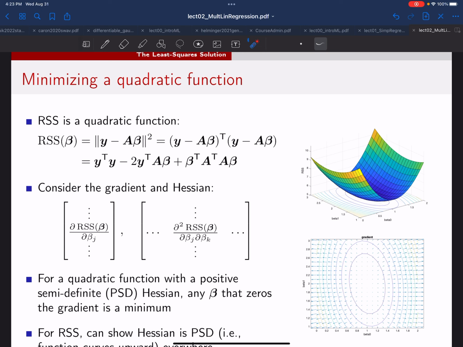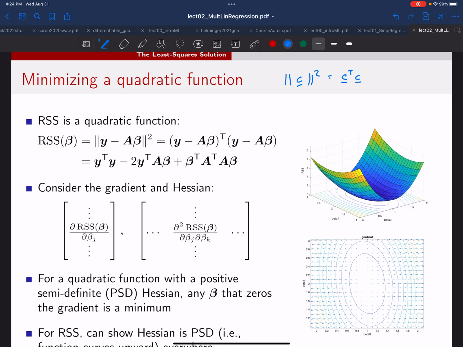So we have this RSS, which we know we can write as this norm. One of the first things to remember about a squared Euclidean norm is that, I'll just write it in a simpler way above. If I have, let's say, a vector C, and you take the squared norm of C, you can rewrite that as C transpose C. So we can always do that.